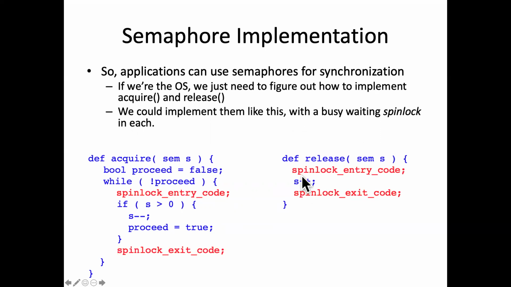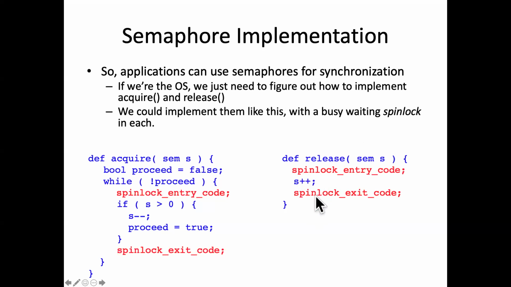Let's do release first, because it's easy. I'm going to pretend my semaphore just maintains an integer count. So you can see inside release, the interesting piece of code is I just increment that count. But I protect that with this spin lock entry and exit code. So up here, I'll pretend this is that test and set instruction and branch if non-zero.